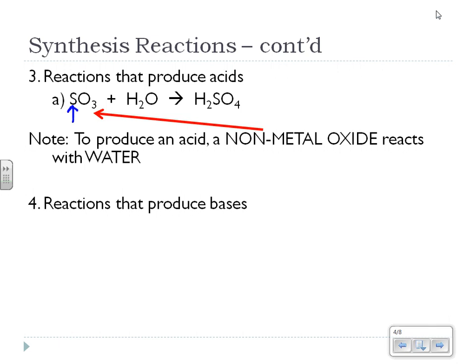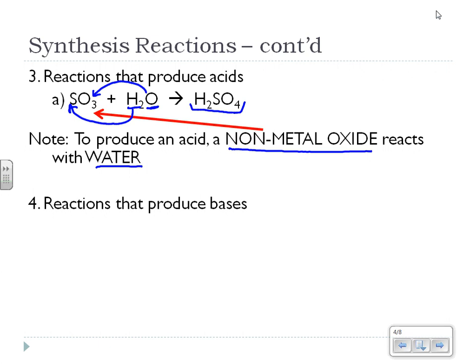Okay, that makes it a non-metal oxide. When it reacts with water, it makes an acid, so I take my sulfuric acid here, okay? I basically just take my oxygen from my water and add it to my non-metal oxide, and I put my hydrogens in front, and I balance everything out, check your charges and crisscross, and I make my acid.